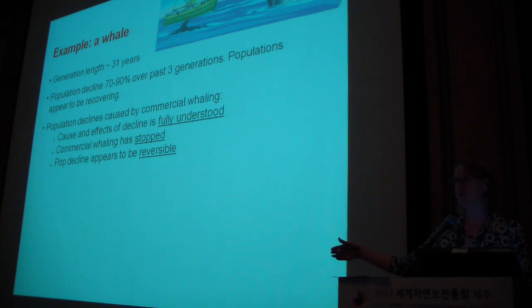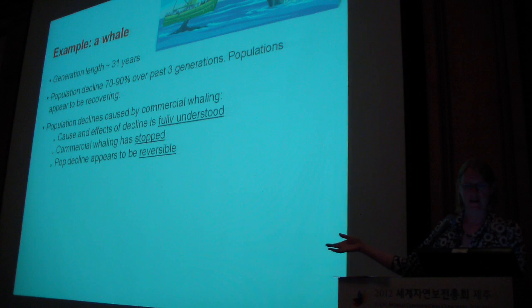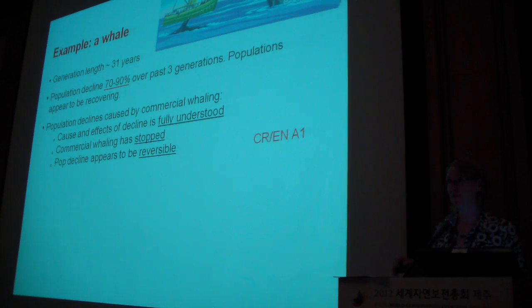Nevertheless, that long generation length means that still within the last 3 generations, within the last 93 years, there has been this massive decline. But it's showing recovery. However, if the commercial whaling did begin again, then the population would decline further, and it would be more of a struggle to get back up to that level again.